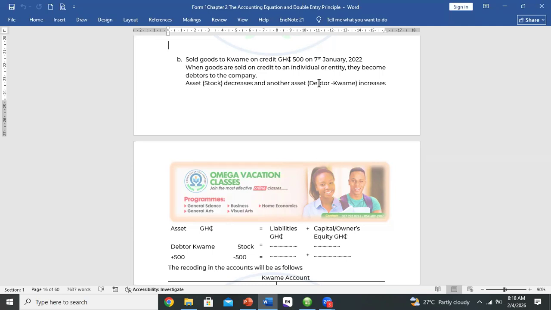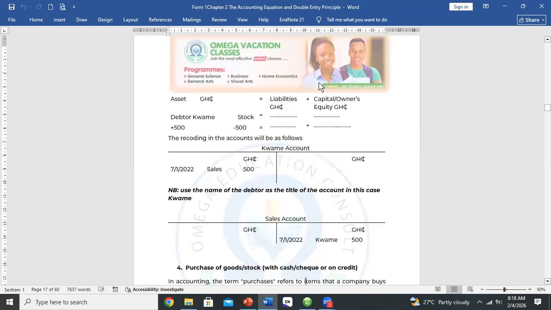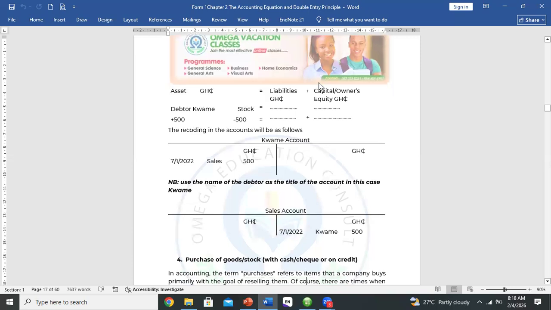Anytime you sell goods on credit, you open a debtor's account and you debit the debtor. I'm sure in school you saw a lot of these transactions: sold goods to Kwame on credit, sold goods to Araba, sold goods to KK, and you were supposed to record them. So that's the rationale behind it.